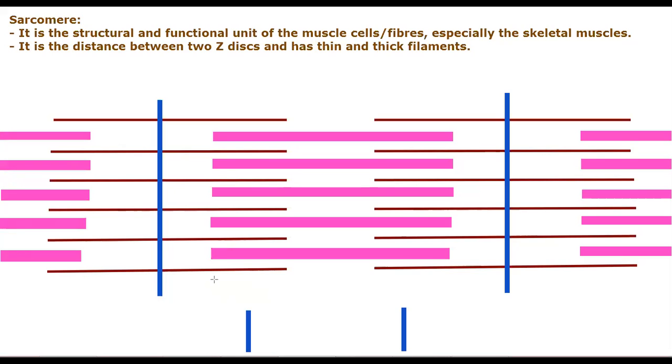You can put one here also. Now, actually, these thick filaments never decrease in size. So we will bring this Z disc here, because they will not decrease in size. And we will elongate this a little bit.